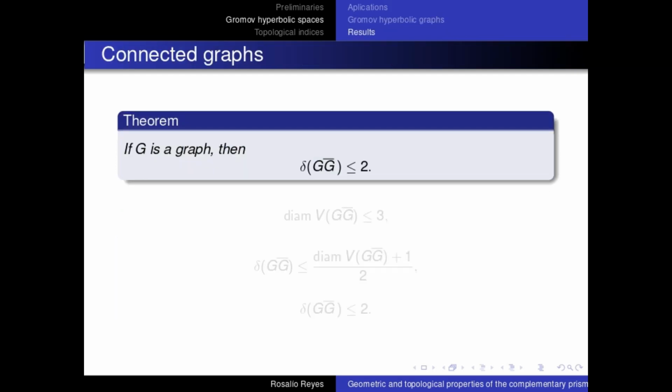The first result shows us an upper bound for the hyperbolicity of the complementary prism. The idea of the proof of this result is the following. First, the diameter of vertices of the complementary prism is less than or equal to 3, and considering a well-known result, we obtain the mentioned theorem.